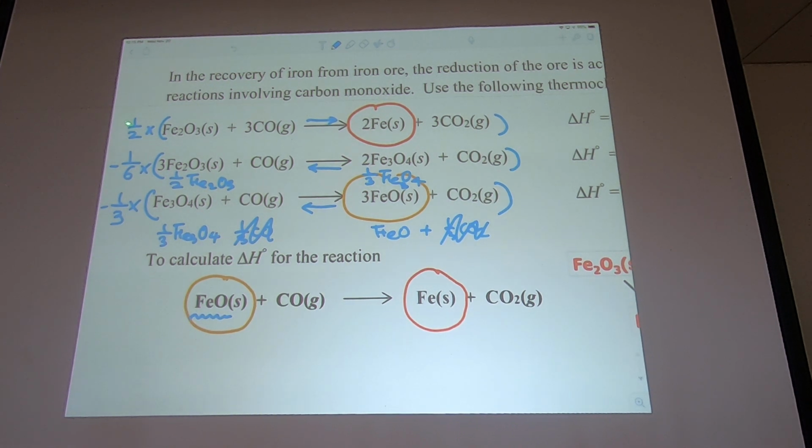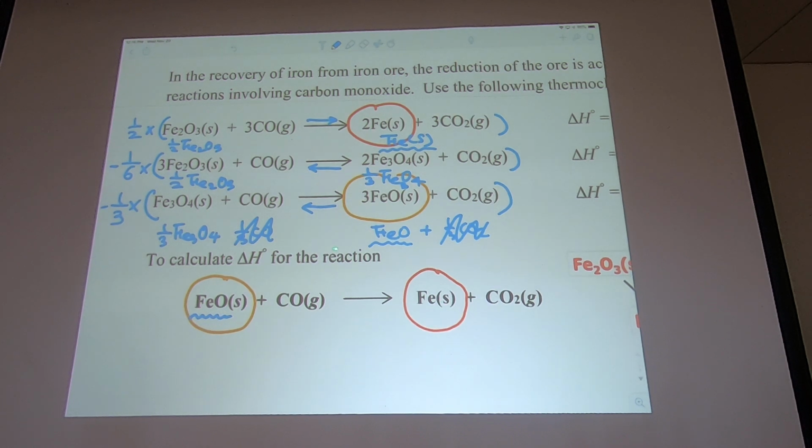I just use the same sign, and by doing so I'm generating Fe2O3 half, and then this one becomes Fe itself. So I start from FeO, and I end up with that, and that's the equation.